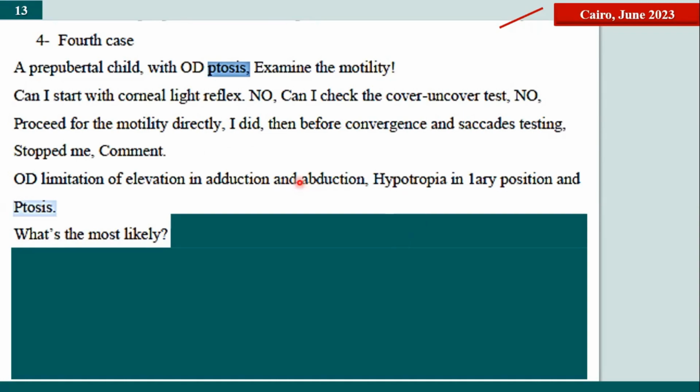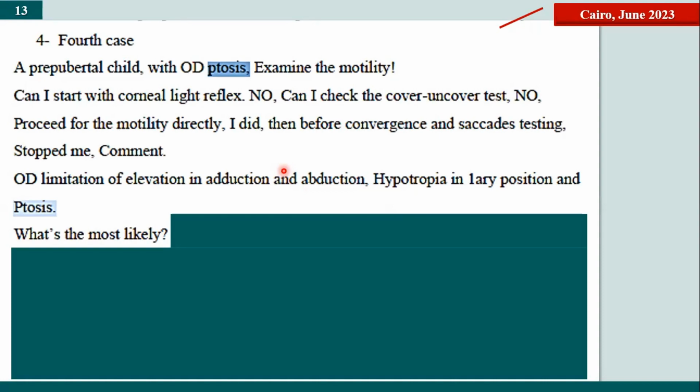Another guess: I usually say try to test motility by pen torch. You can test motility by a target, it's correct, and you can test it by pen torch. But personally, I prefer in the exam to test motility by pen torch, because when you check motility, we usually start by the primary position.